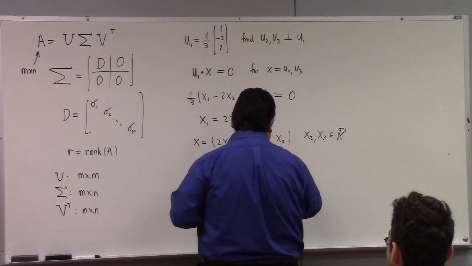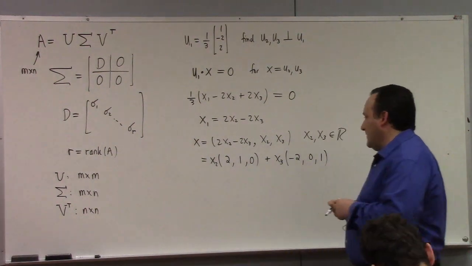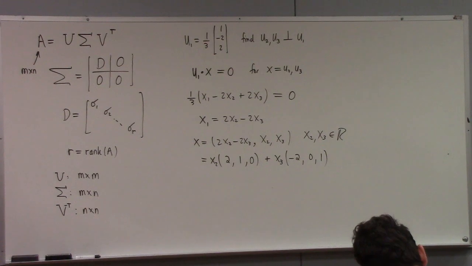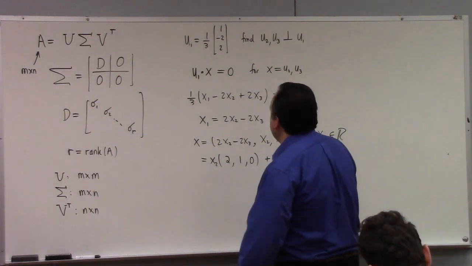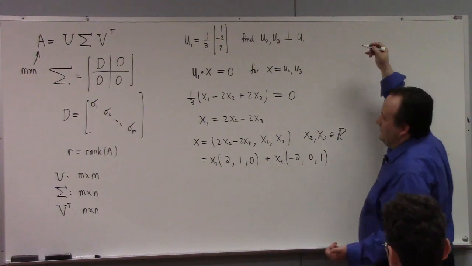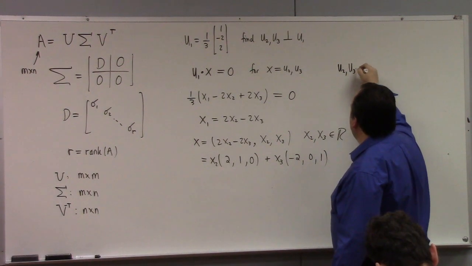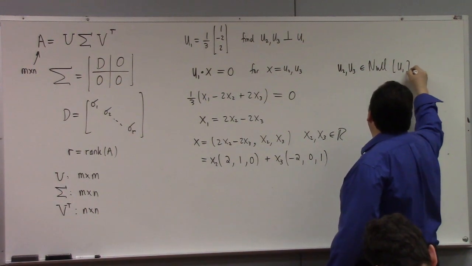All right, x2 times (2, 1, 0) plus x3 times (minus 2, 0, 1). There you go. That is, of course, the basis for the null space of what? Let me put it in other words. We want u2 and u3 to be in the null space of u1 transpose.